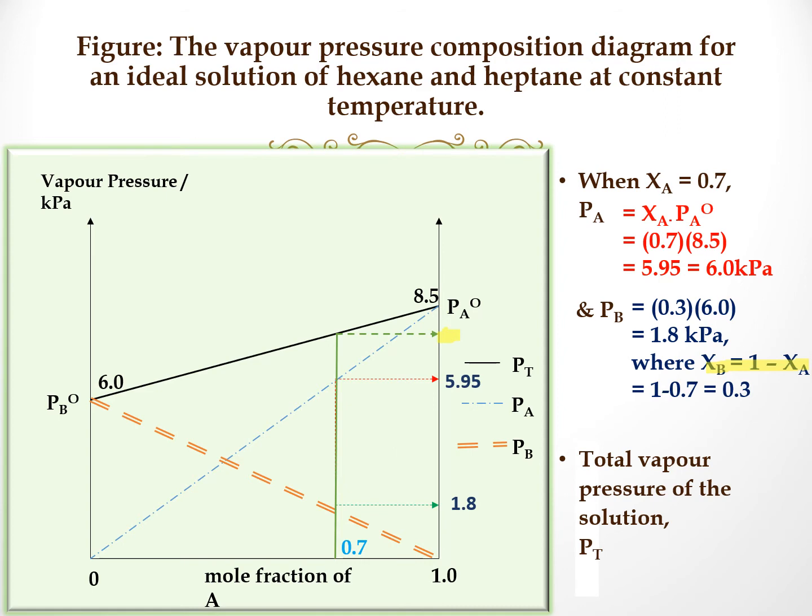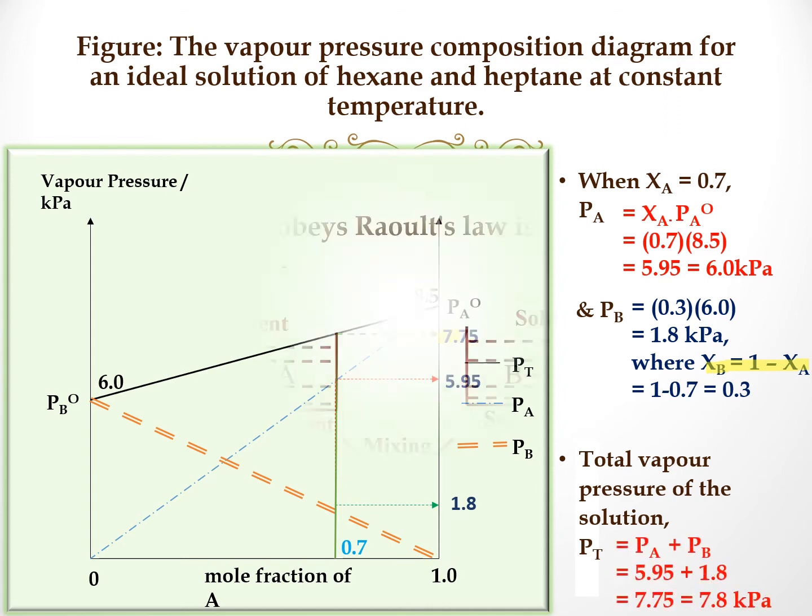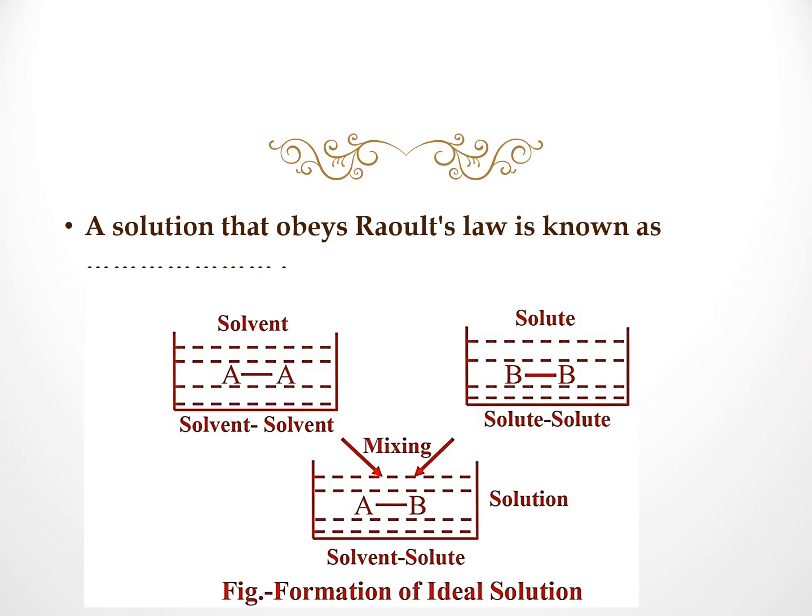Here is the partial pressure of A, the blue line, then here is the orange line for the partial pressure of B at this mole fraction. So a solution that obeys Raoult's law is known as an ideal solution.